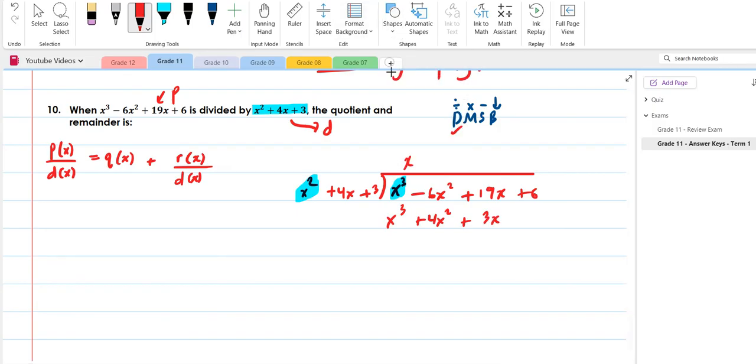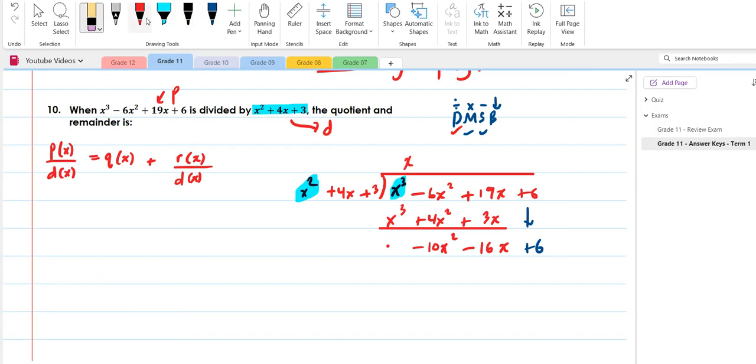If we subtract, we get 0. Minus 6 minus 4 is minus 10x squared, and then 19x minus 3x is 16x. Now we bring down the 6, because we have multiplied and subtracted, so it's time to bring down. Now we have brought down the positive 6.